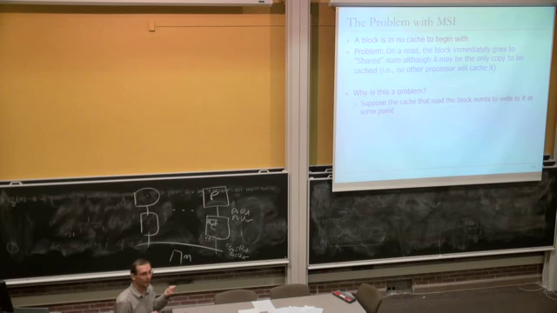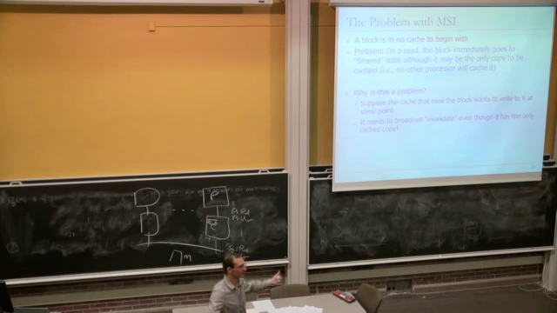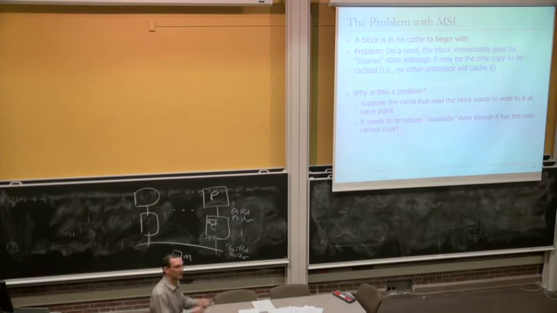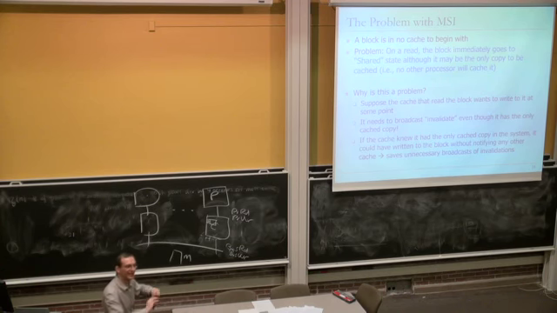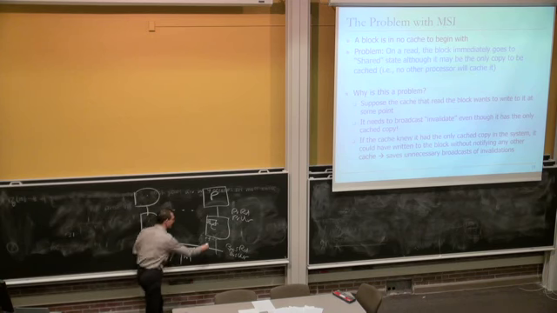Now it doesn't know if this block is the only copy in the system, or if some other cache has the copy. So it needs to broadcast an invalidate, even though it has the only copy. The problem is it doesn't know it has the only cached copy. So if the cache actually knew it had the only copy in the system, it could have written to the block without notifying anyone, thereby saving this valuable bus bandwidth.